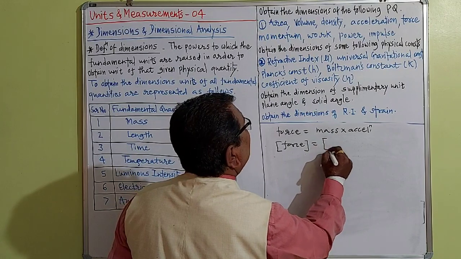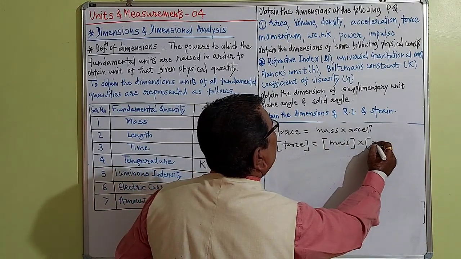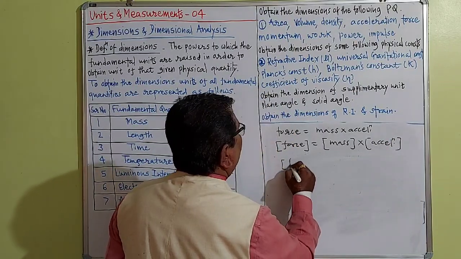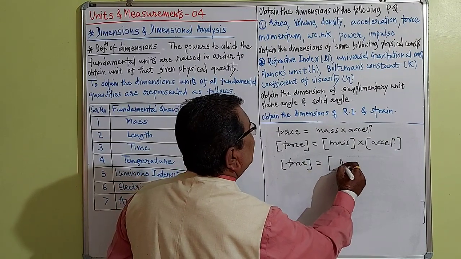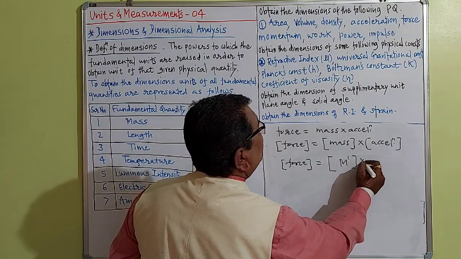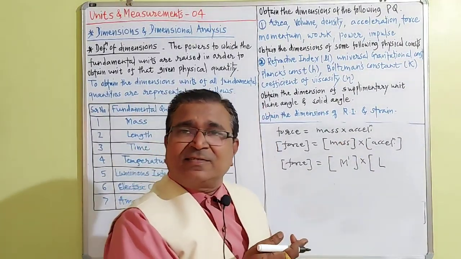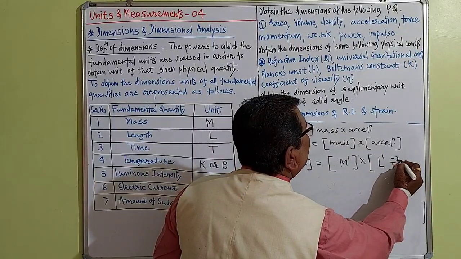Dimension of force is equal to dimension of mass into dimension of acceleration. So here dimension of force is equal to, what is the dimension of mass? M1, into, what is the dimension of acceleration? That we have already calculated here, L1 T minus 2.